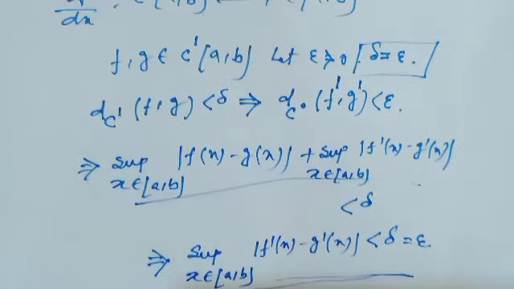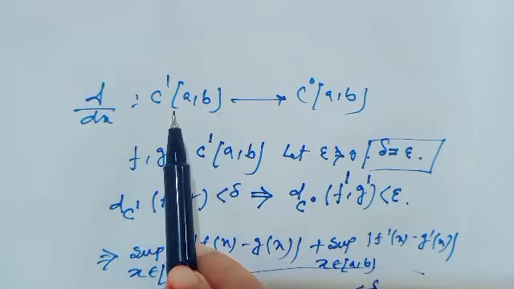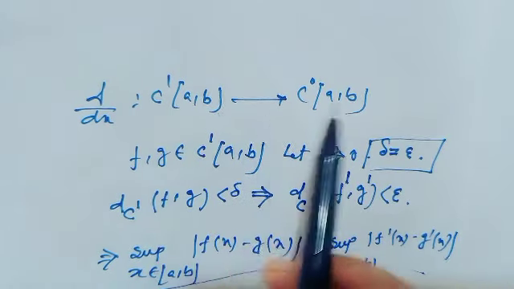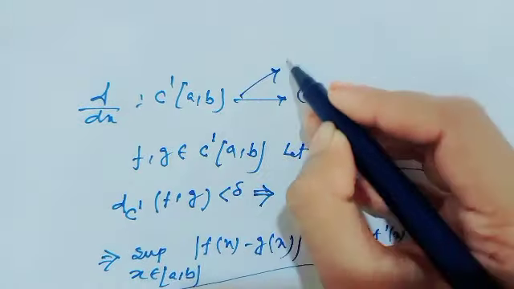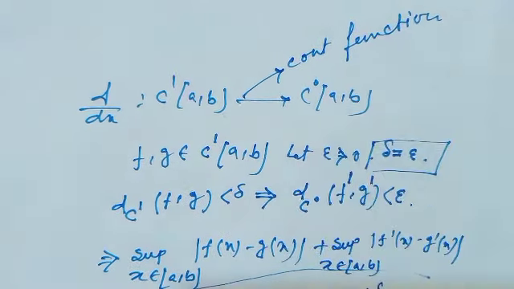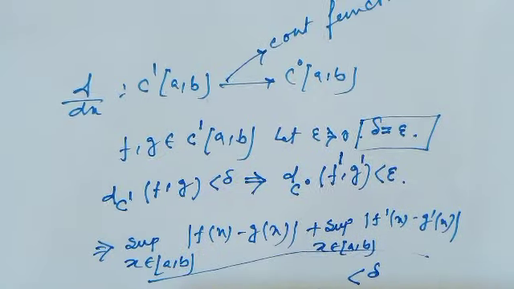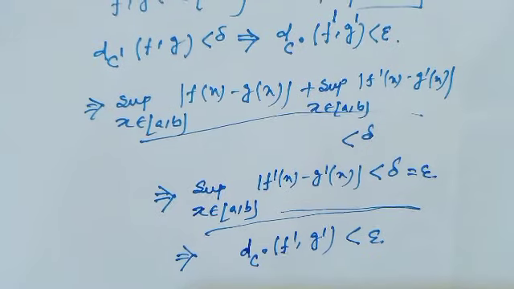Therefore our proof is done. This differential operator, which maps from C1[a,b] to C0[a,b], is obviously a continuous function. I hope all my viewers have understood this type of proof. This type of proof is very important.